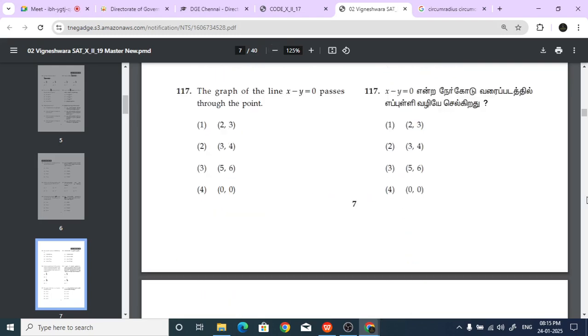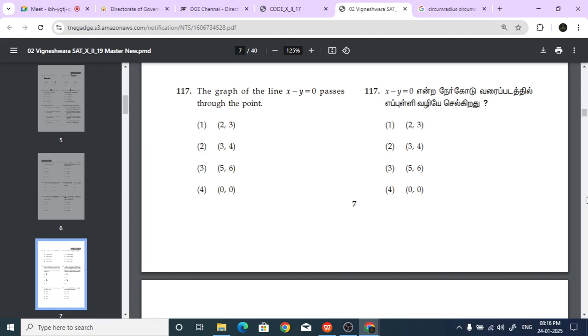Okay, now you read 117. The graph of the line x minus y equal to 0 passes through which point? The fourth option, because x should be equal to y.